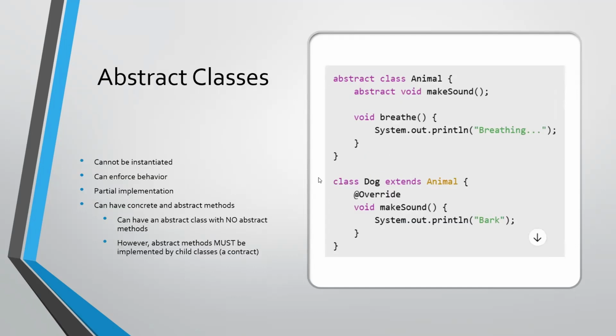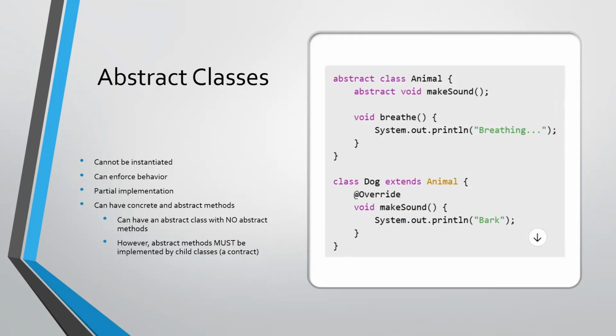Now let's talk about abstract classes, because there is a time and a place for abstract classes. But the thing about abstract classes is that they cannot be instantiated. So let's say, again, we have an Animal class. This is an abstract class, and we have a Dog class. You can use these classes to enforce behavior and some partial implementation, and abstract classes can have both concrete and abstract methods.